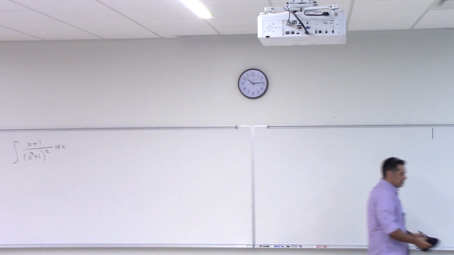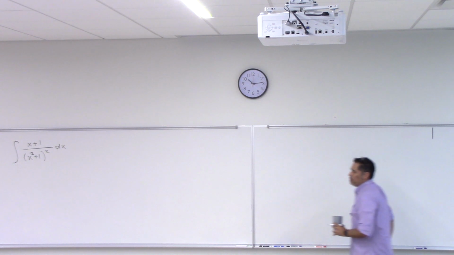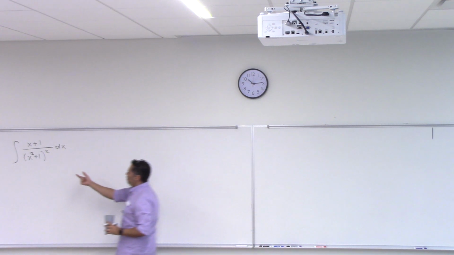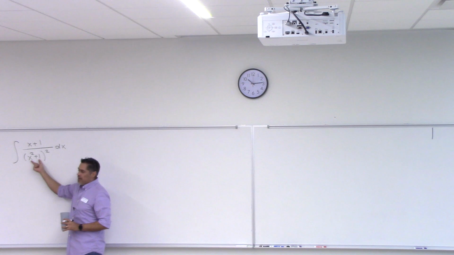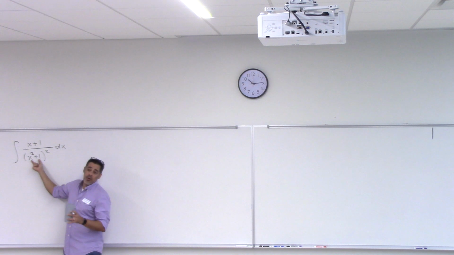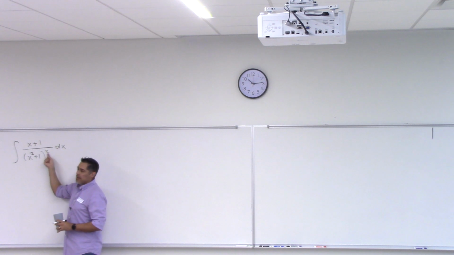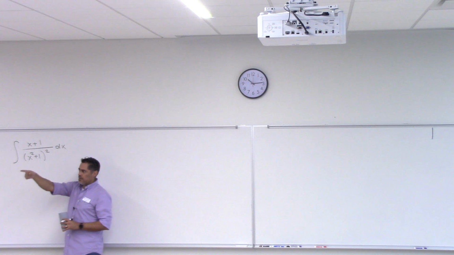What we see here is a linear expression on top, right? X plus 1, divided by x squared plus 1, right? X squared plus 1, y'all agree that's a quadratic? Is x squared plus 1 factorable? Can you factor x squared plus 1? No. You can factor x squared minus 1, but not plus 1, right? So this is irreducible, right? And it's repeated, meaning that it's squared, right? So that's what I'm saying there.